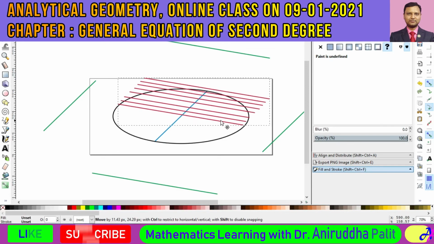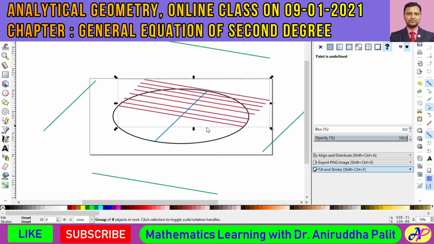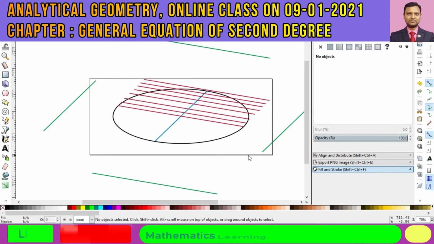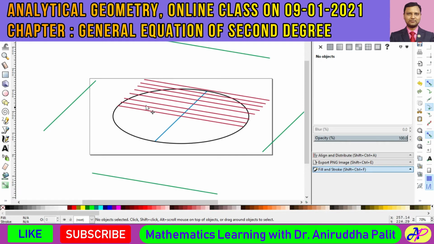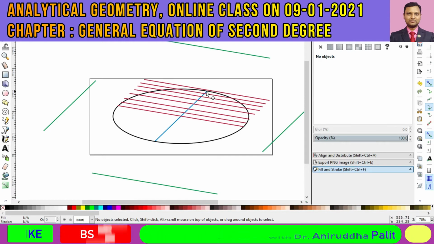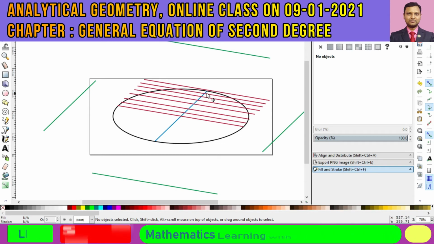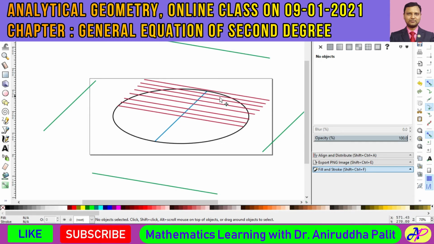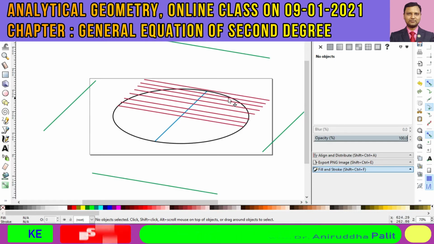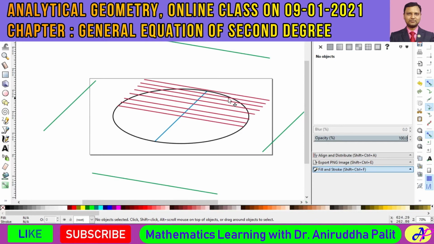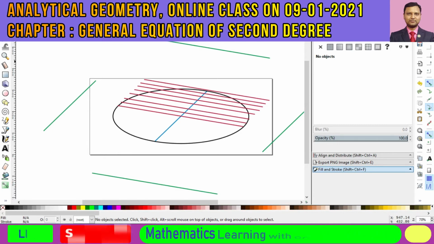We have a system of parallel chords, and we know how to find out the equation of a chord with respect to the middle point.